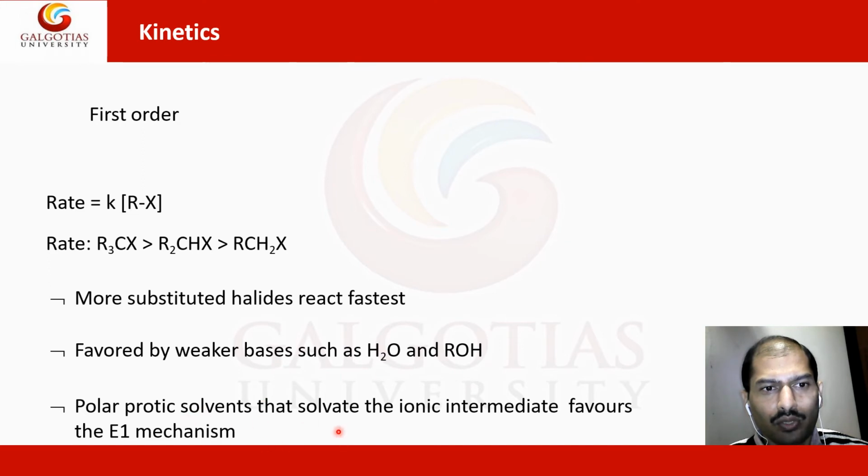A polar protic solvent that solvates the ionic intermediate favors the E1 mechanism, because if it is a protic solvent, then it will easily solvate the intermediate. It will easily give the space to bind up with the proton. So this reaction will be favored in case of the E1 mechanism.